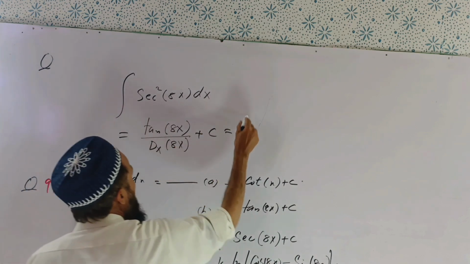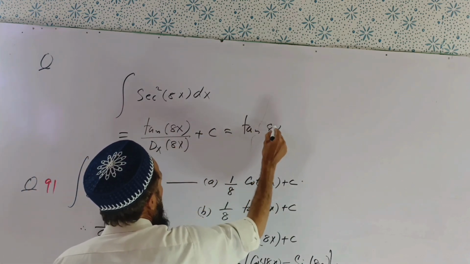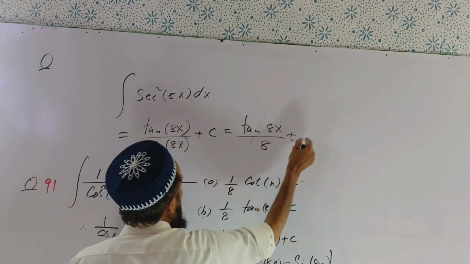So we can write tangent 8x divided by 8 plus c.